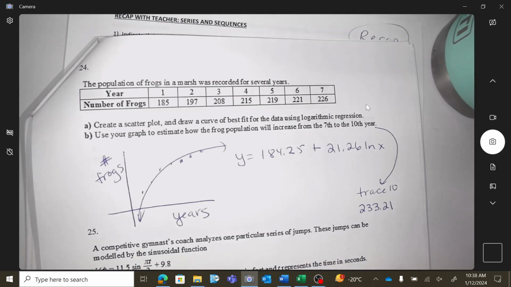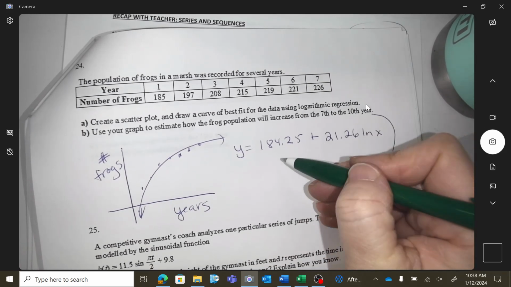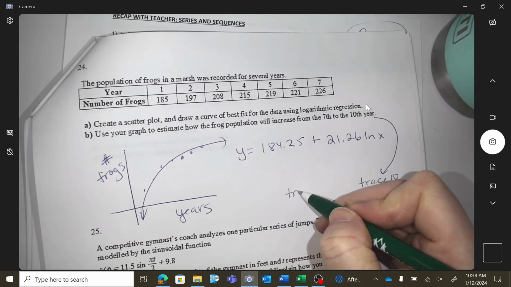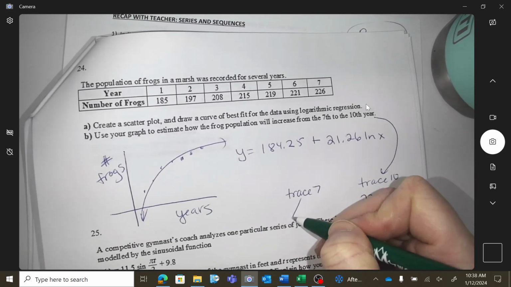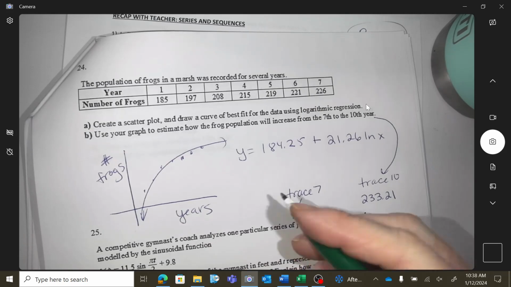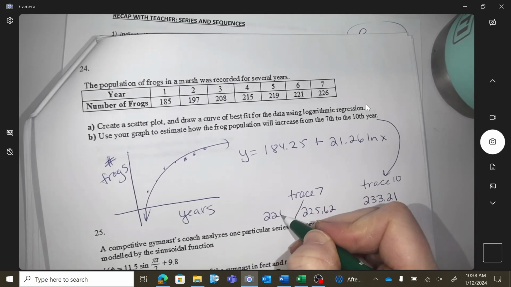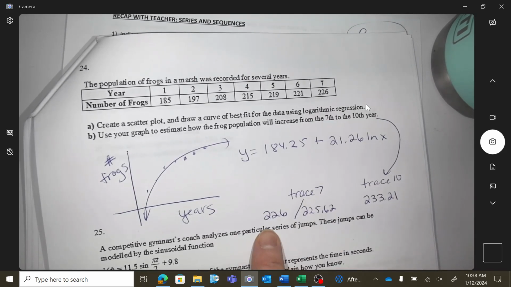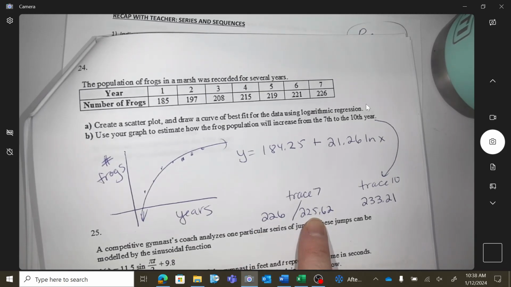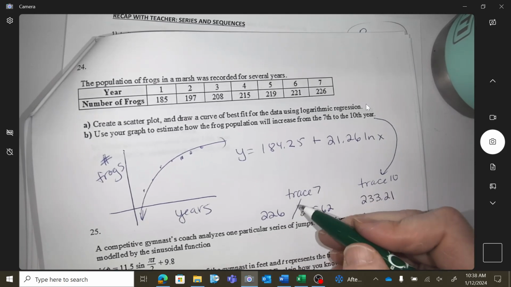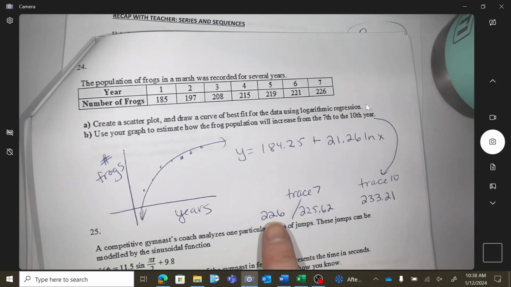Okay, so I think on the exam, if you had something like this, there would be 2 separate answers I would accept. I would accept if you used a trace 7 number, which is 225.62, I would also accept it if you used the given number. So you could have just used this one, or you could have used your calculator one. Okay? And then how did it go up?